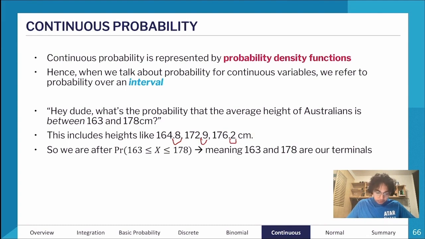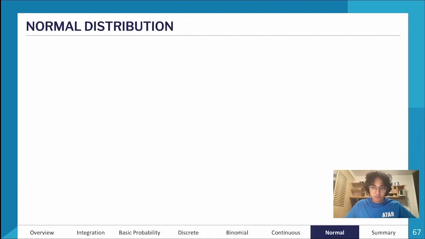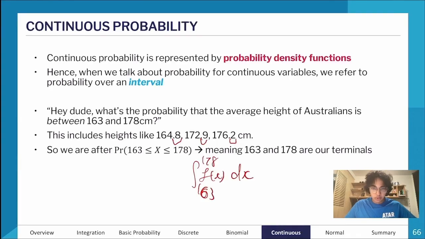If we want to find 163 to 178, we take the integral from 163 to 178 of f(x) with respect to dx, as shown in the slide earlier. When we're doing those calculations, 163 and 178 are going to be our terminals.